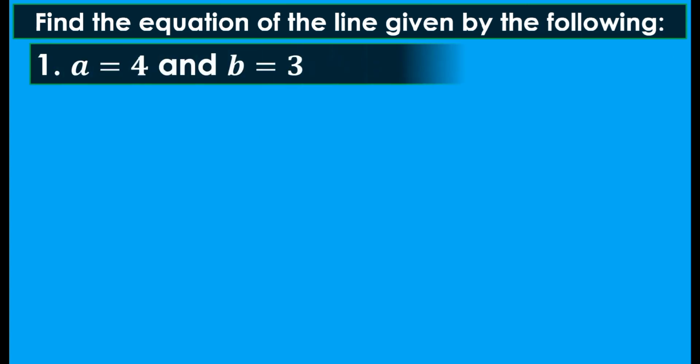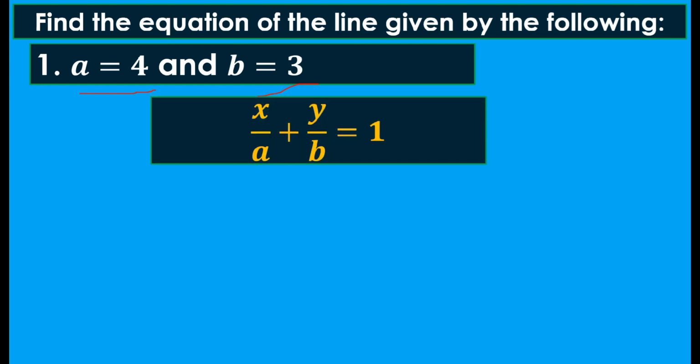So, what would happen now? Let's have an example. Your x-intercept is 4 and y-intercept is 3. So, it would become x over a plus y over b equals 1. Ma'am, bakit hindi po yung isang form ang ating nilagay? It's because the given here are the x and the y-intercept.